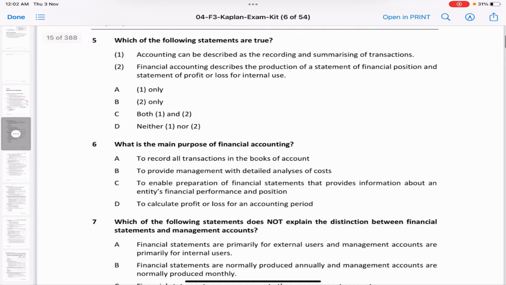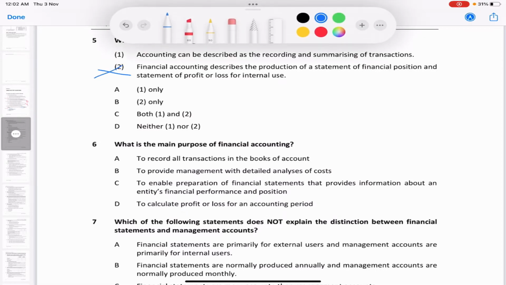Which of the following statements are true? Accounting can be described as the recording and summarizing of transactions. Financial accounting describes the production of a statement of financial position and a statement of P&L for internal use. So, this is not true. The second one is not true. Why is it not true? Financial accounting describes the production of financial statements.